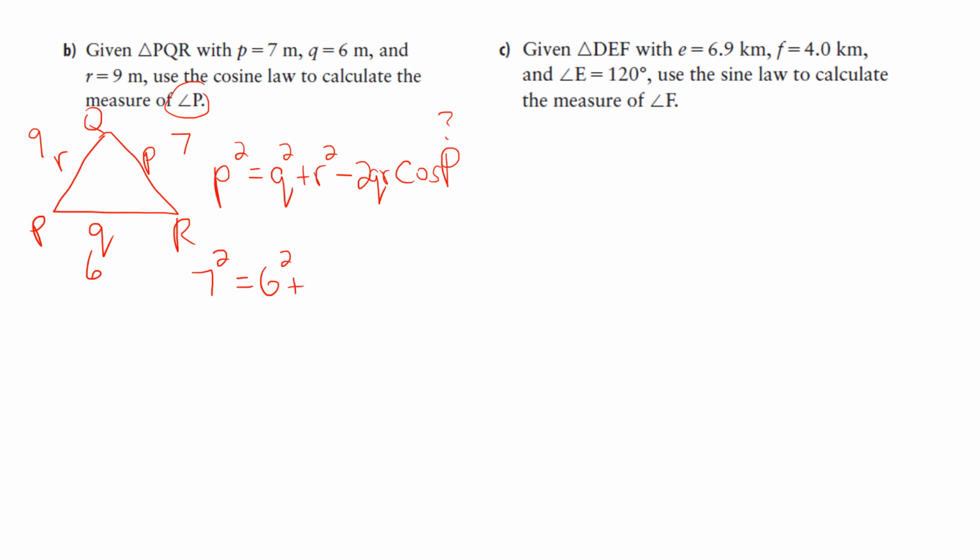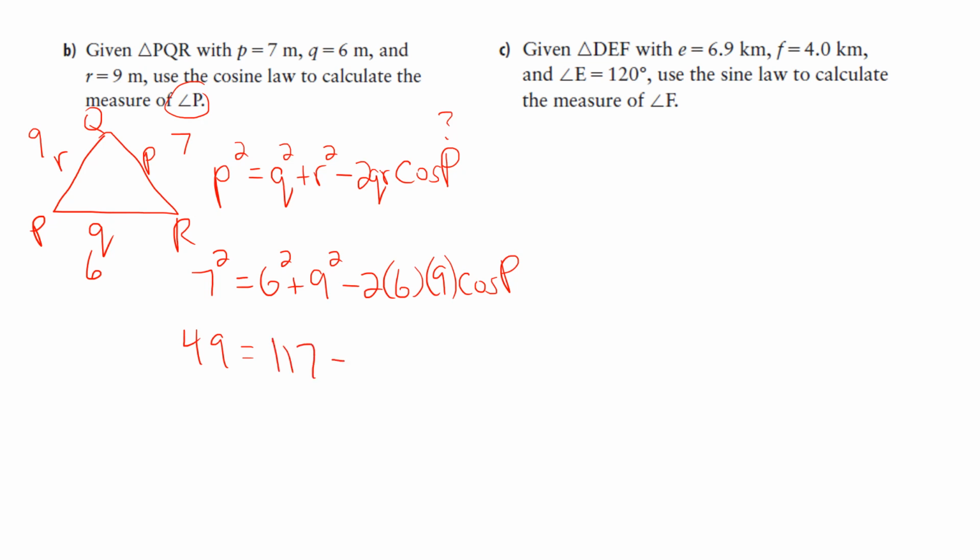And then you're going to do as much BEDMAS as you're allowed to do. So any calculation that you can do before we start working backwards will make things easier for us. So you can square the 7, you can square the 6 and square the 9 and then add them together. So 6 squared plus 9 squared is 117.